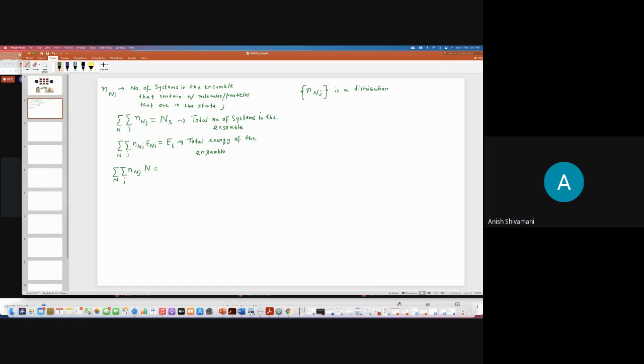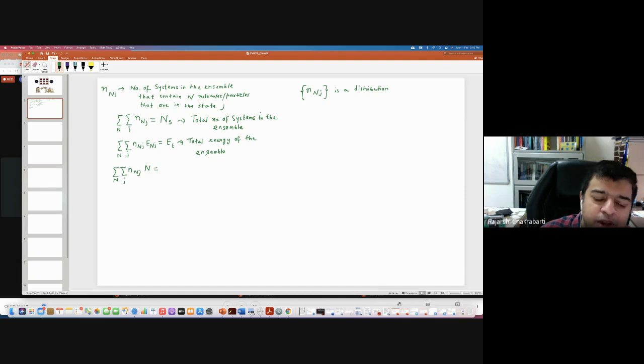A certain number of molecules or particles in the state j. Yes. So basically, if you multiply this and sum over all possible j and N, this will give me another number, which is nothing but the total number of molecules or particles in the ensemble. Okay, so this is another condition.